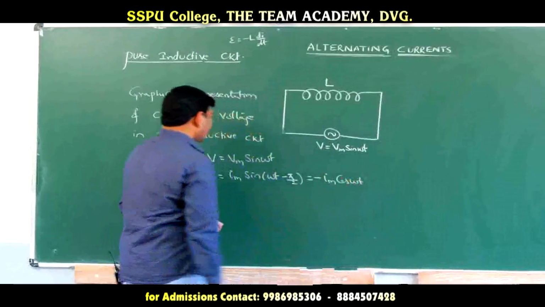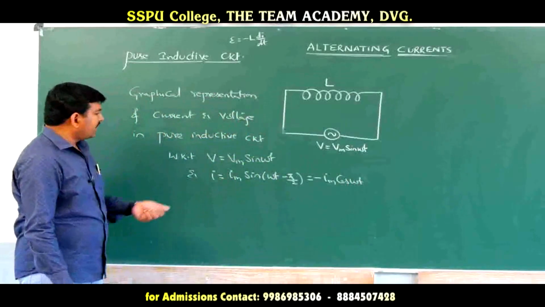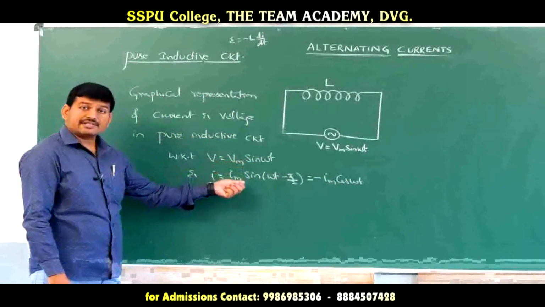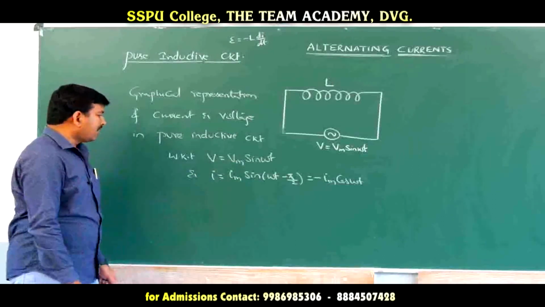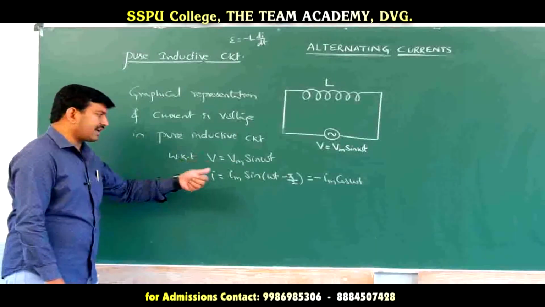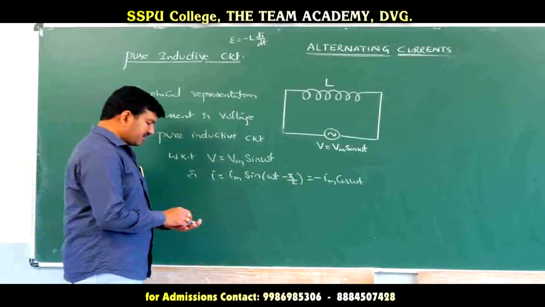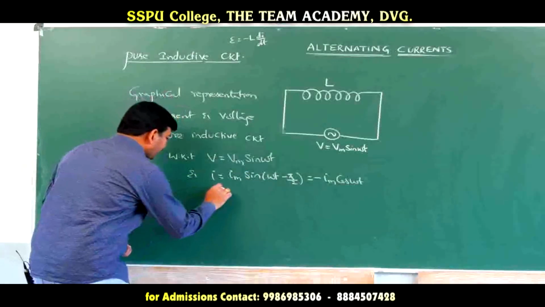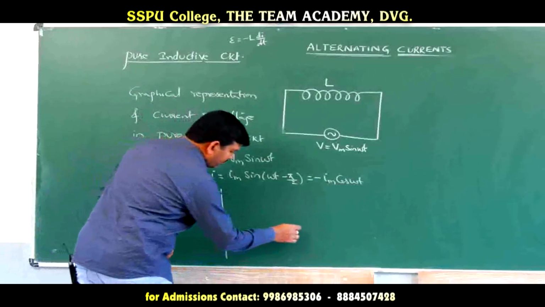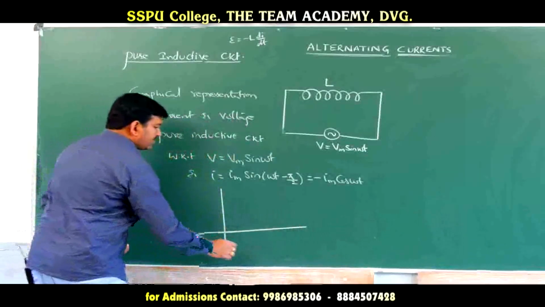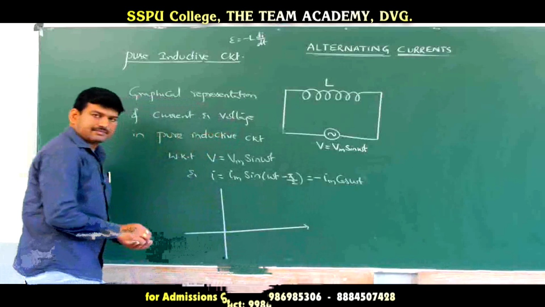So if you see these two equations, this is a periodic function and this is also a periodic function. But this voltage is leading the current by how much? 90 degrees. Therefore, for the graphical representation of both of them, first I will draw the graph for voltage variation with respect to omega t.